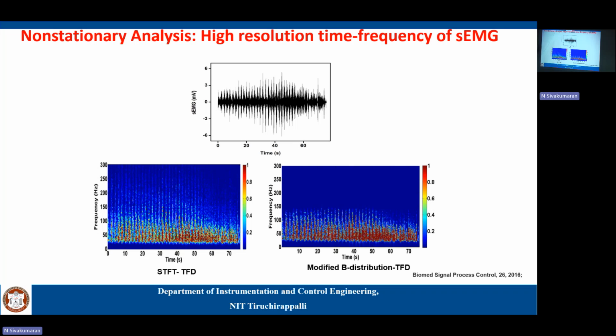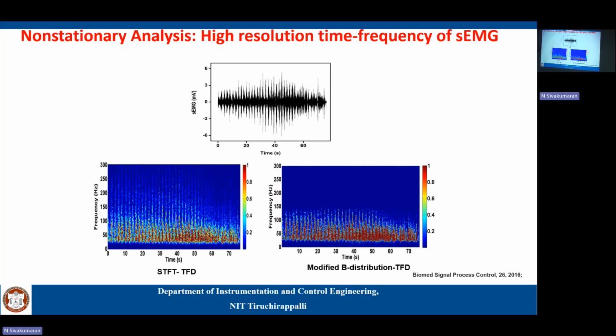So we came up with a very nice time-frequency transform, such that this transform captures how the frequencies of EMG vary with time. You can see this, a very nice picture. This is STFT.